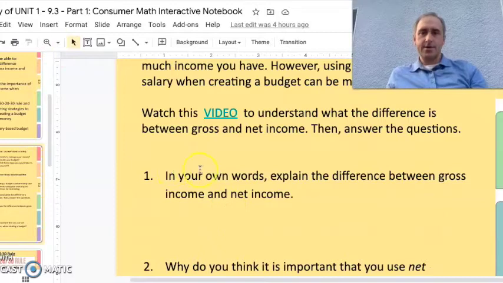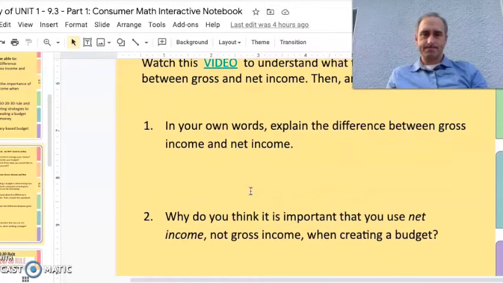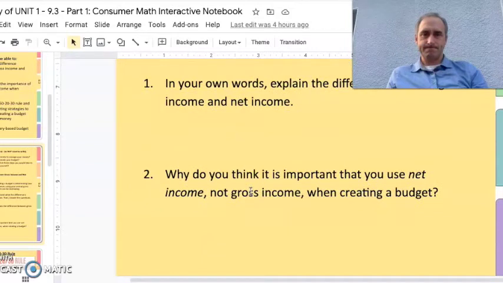Number 1. In your own words, describe the difference between gross income and net income. Why do you think that it's important to use your net income, not gross income, in creating a budget?